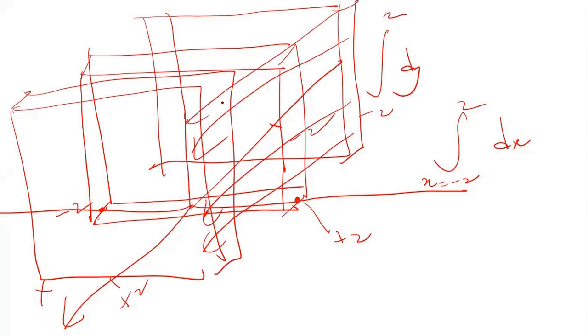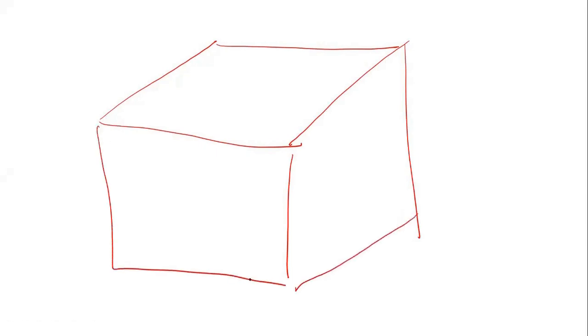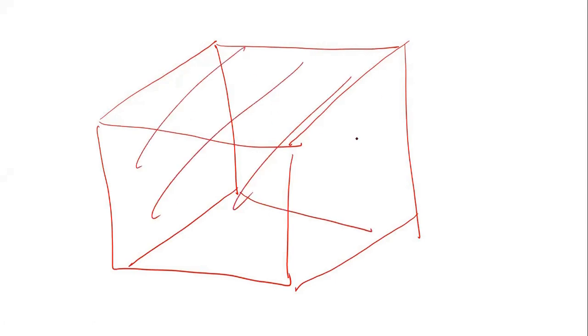Then what will be the result of this integration? The result of this integration will cover something like this. It will cover a rectangular block like this. The result of this integration will be covering this whole volume, isn't it?